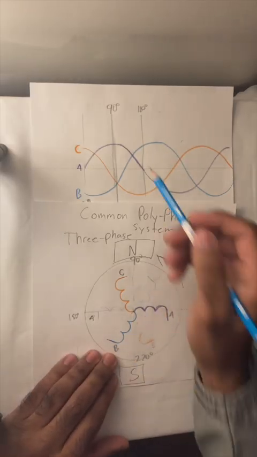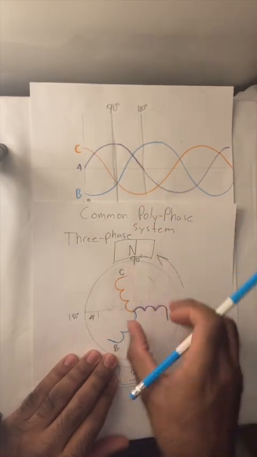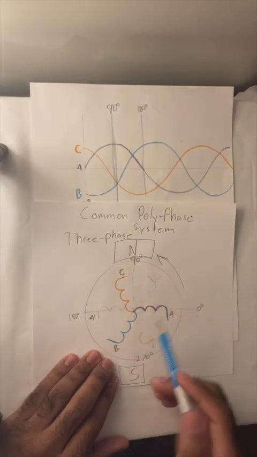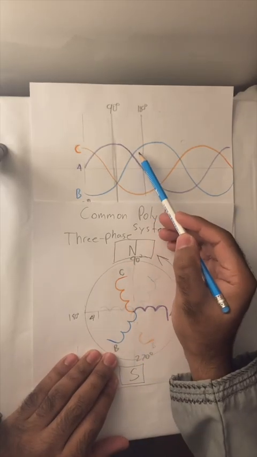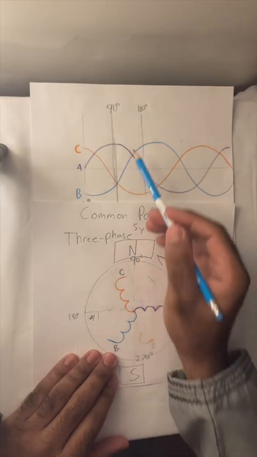As A approaches the 90 degrees, B is also coming in approach. B reaches its maximum.